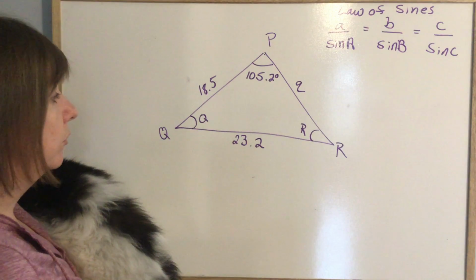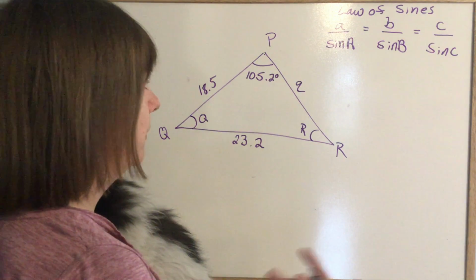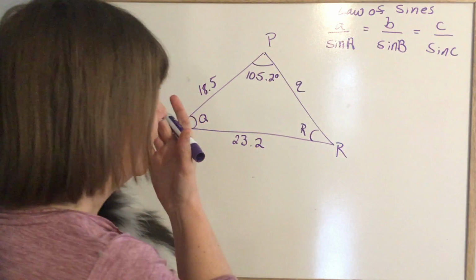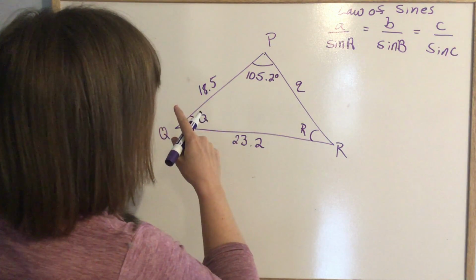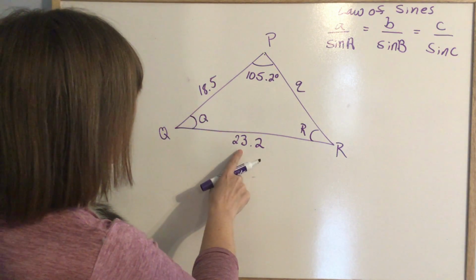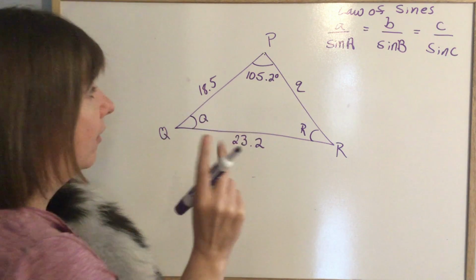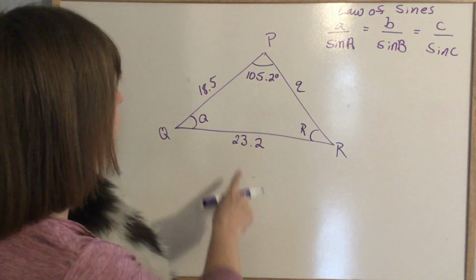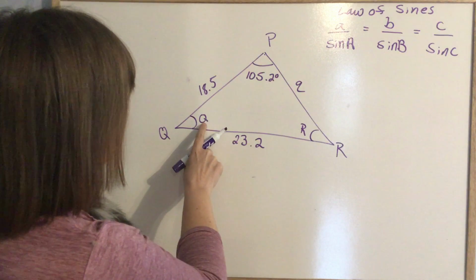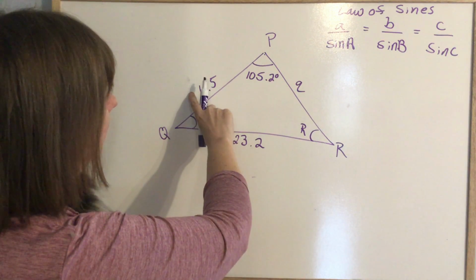Now let me give you the technical term for that. If you know two sides and what they call a non-interior angle, meaning an angle that is not in between those two sides.